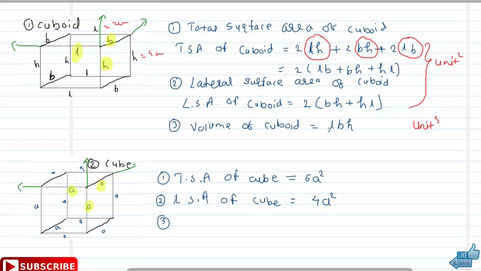So it is nothing but A cube. So the volume of cube is equal to A into A into A, which is also equal to A cube. And the units are very clear. For area, it is unit square, and for volume, it's unit cube.